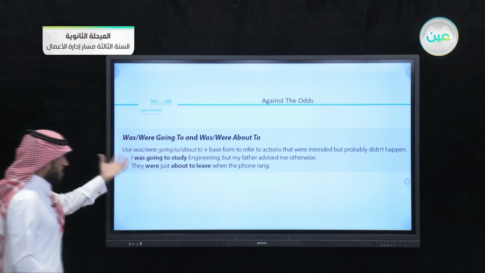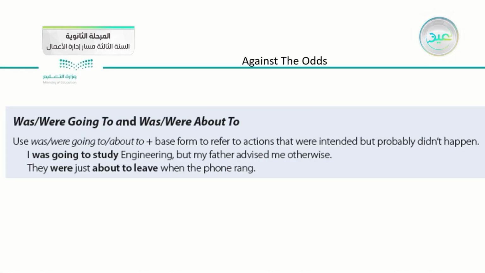We use was or were, going to or about to, and after that we follow it by a base form of the verb to refer to an action that was intended but probably didn't happen. So it was intended. You wanted to do it, but you most likely didn't do it, so it probably didn't happen.